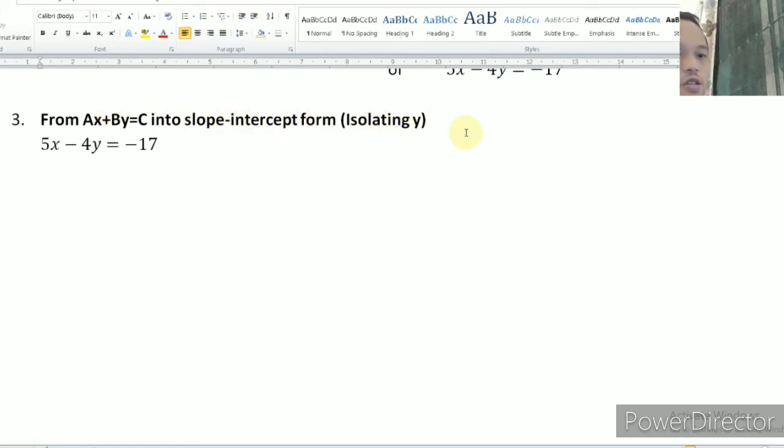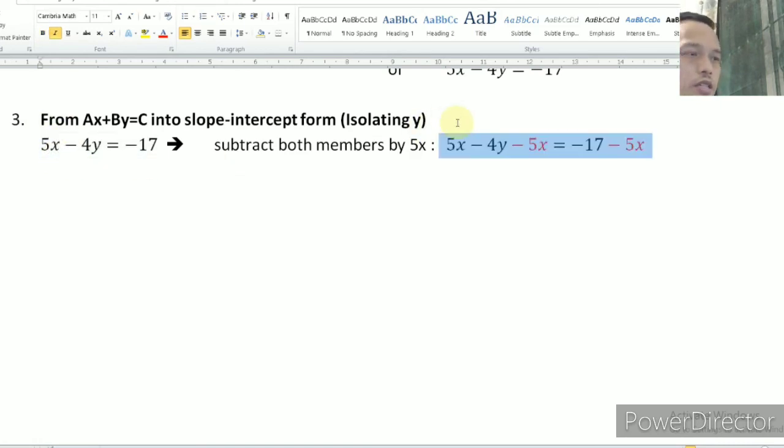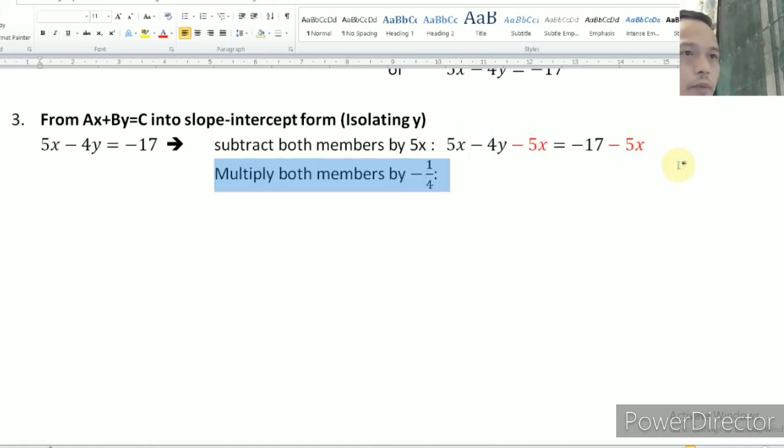How can you transform it into slope-intercept form? By isolating y. Keep that in mind. The first step is I subtract 5x from both members, since I want to get rid of 5x from the left member. So this is the statement. After I simplify it, I will have -4y equals this, right? Since y is still not isolated, I need to multiply both members by -1/4.